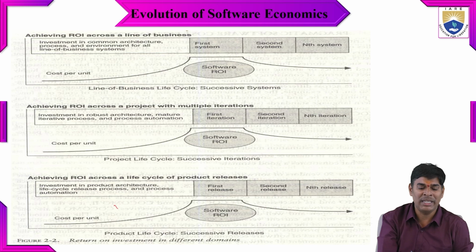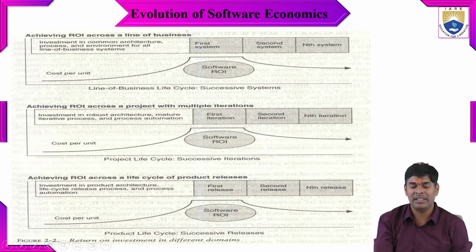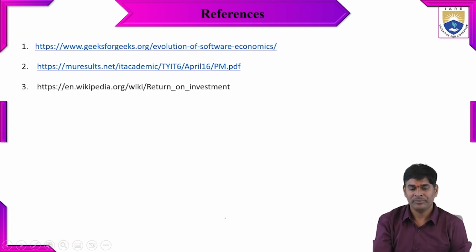The deployment and the maintenance will be happening here. After the deployment of the software, they are going to release the first release of the software, and the next batch, that is the second release, till the end release, so that they calculate the software ROI here. Okay, so these are the references I have followed for this topic.